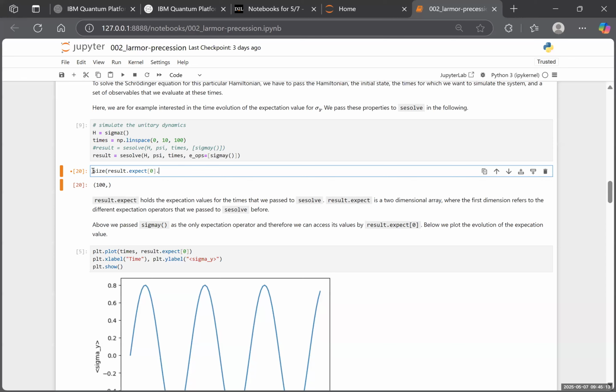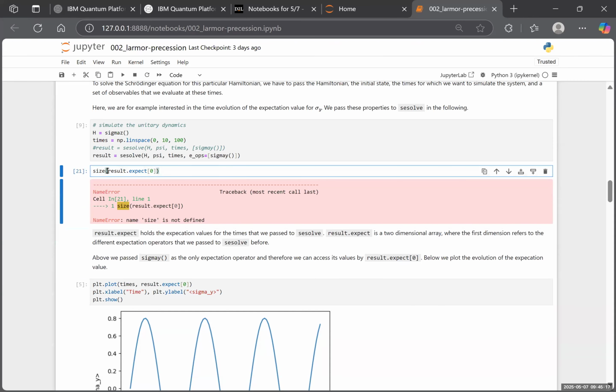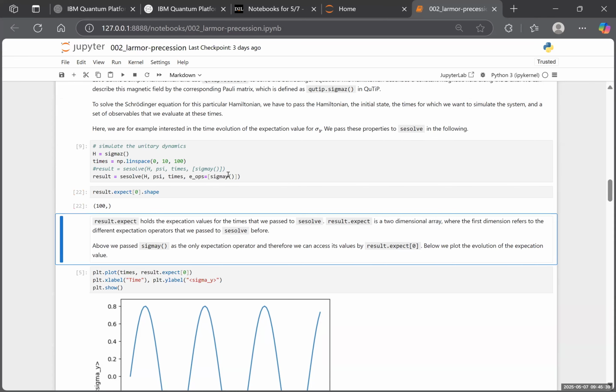Okay, this is a shape. Okay, we have the shape, which is 100. This is a list of 100. So basically, that's the expectation value of sigma y.